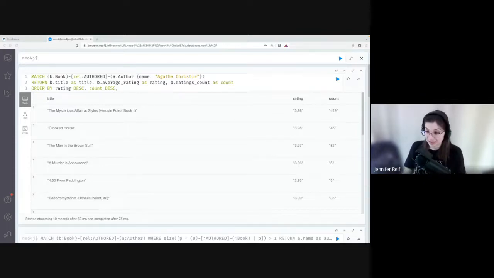So that's one example. When you have a lot of relationships or you're joining across large tables quite a bit.